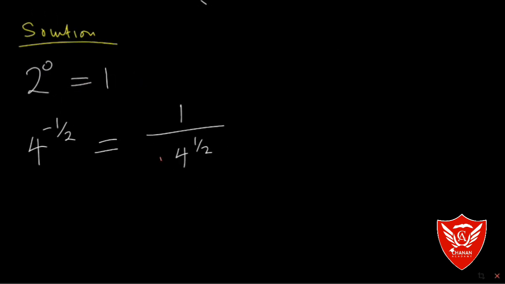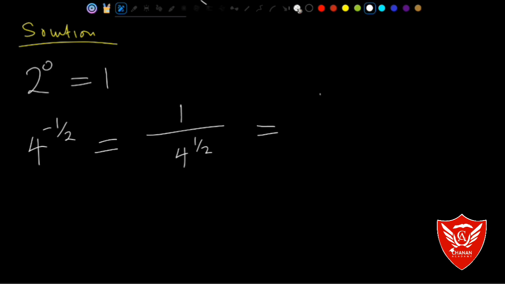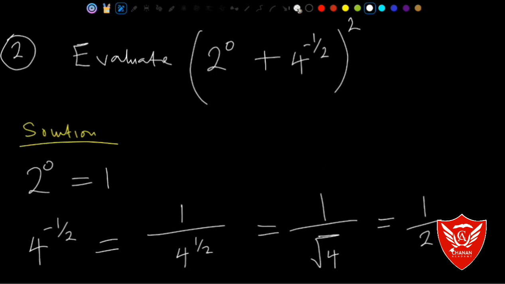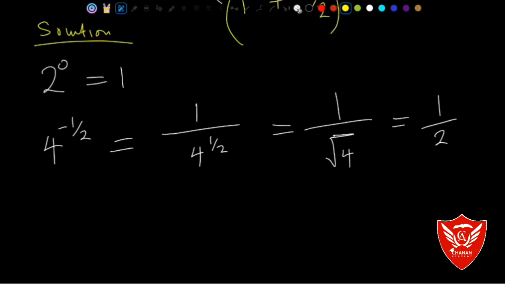Now, take note, 4 raised to the power of half is the same thing as the square root of 4. So that means this is equal to 1 over the square root of 4. And the square root of 4 is 2, so we have 1 over 2. So from our question, this then means that if 2 to the power of 0 is 1, then we have plus 1 over 2 in brackets squared. So this is what we have as a question. So let's come down.